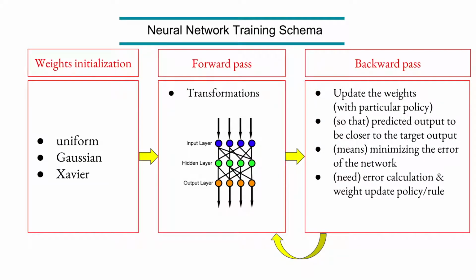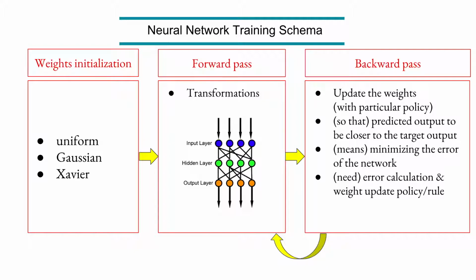Okay, let's recap what Mustafa and Dimitris explained. In neural network training, we have several steps. The first one is to initialize the weights so that we can start from a particular point and start to optimize our network.